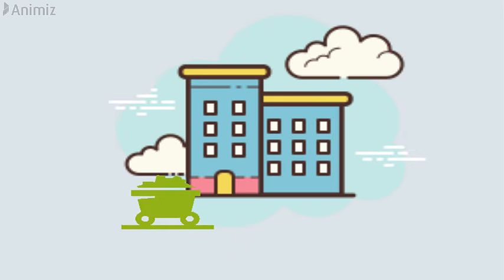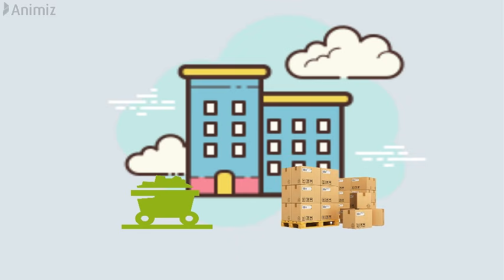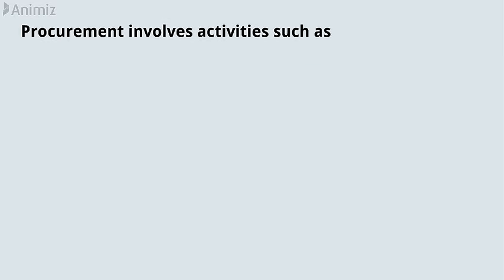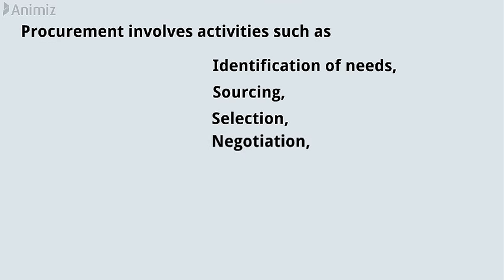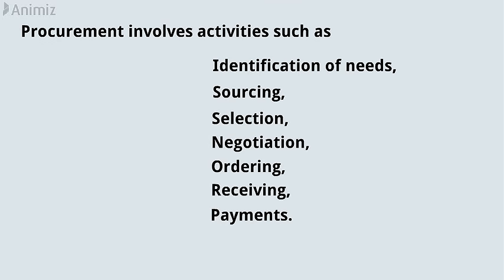Procurement is usually a part of the input to a company that uses the procured goods or services in the making of their own final product. This makes it a very vital function of any business. Procurement involves activities such as identification of needs, sourcing, selection, negotiation, ordering, receiving, and payments.